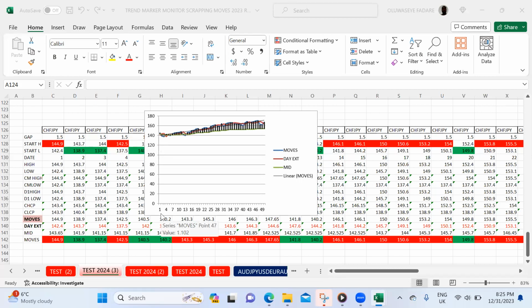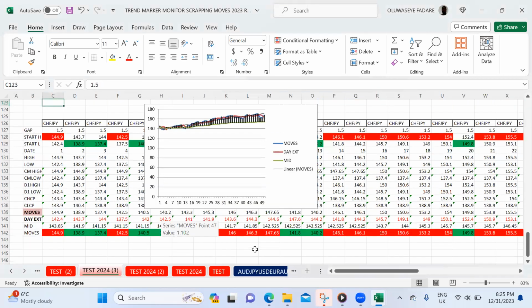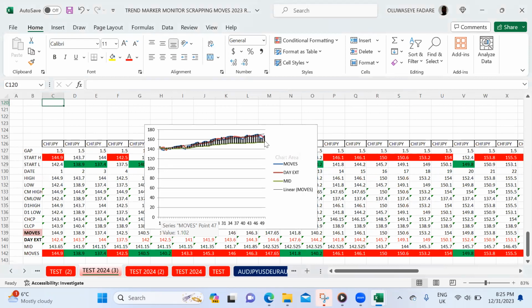So as I was explaining earlier, this has shown the moves direction. So you can see the trend going upwards, as you can see here.